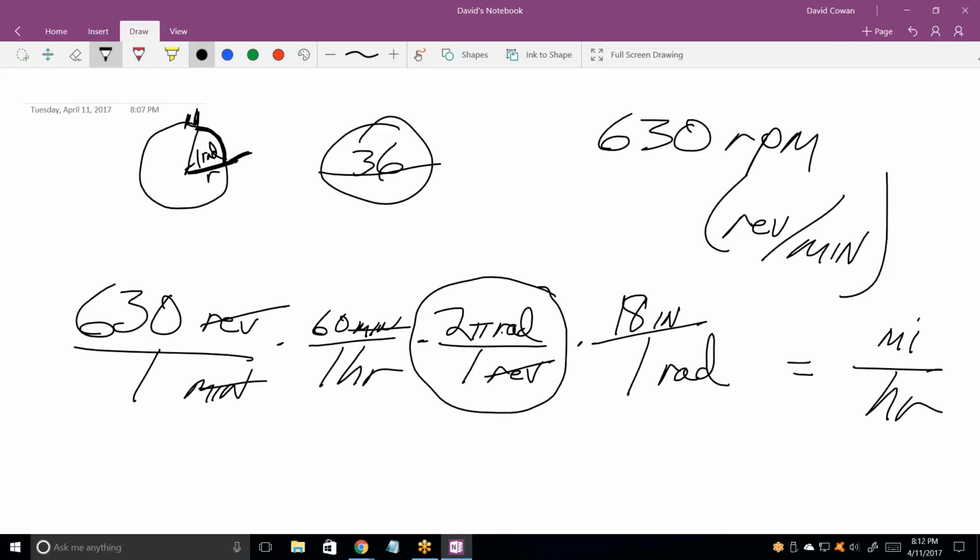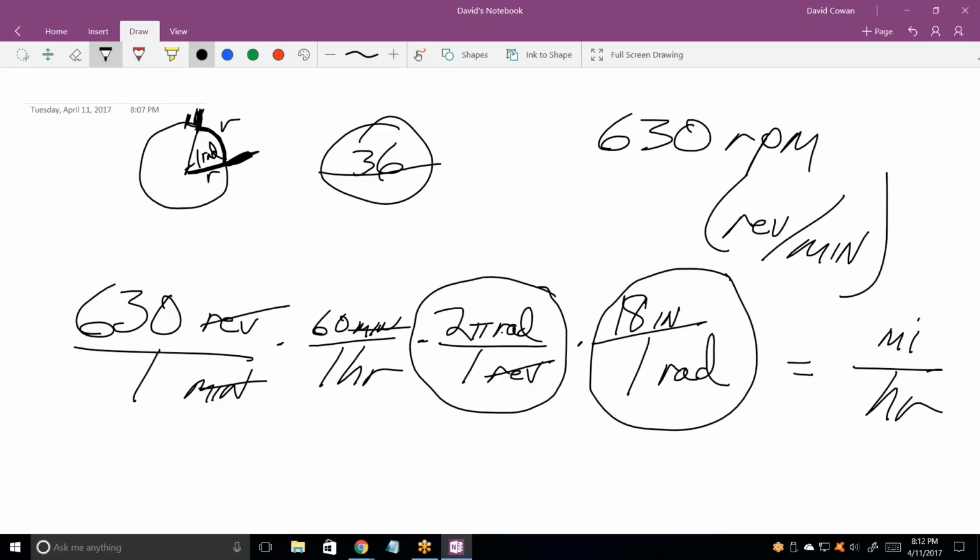That's R, but that's also R. The measurement of that arc length is the same as the radius. And that's 1 radian. So it's the radius per 1 radian.